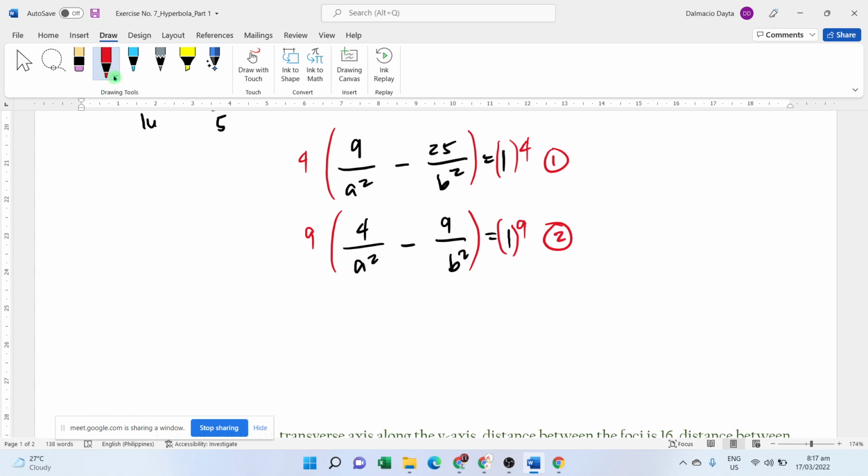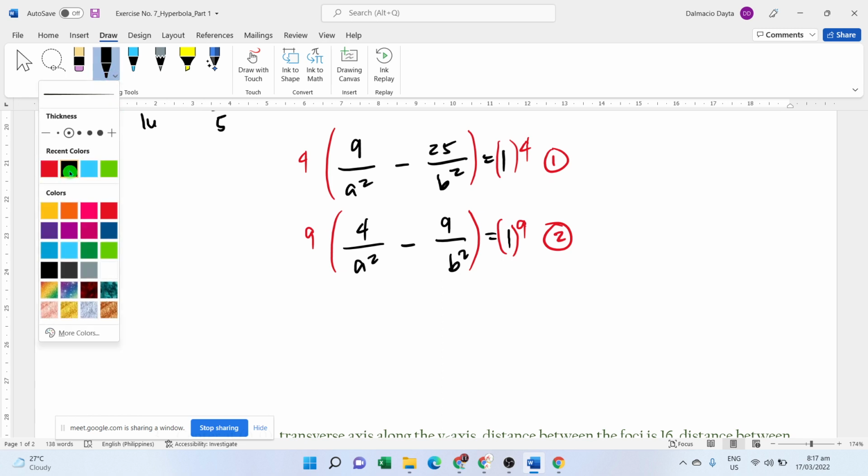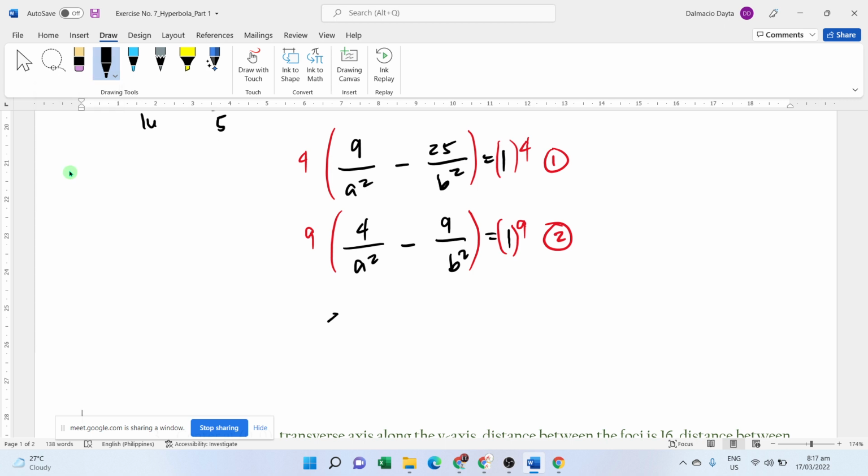For equation 1, we have 36 over a squared minus 100 over b squared is equal to 4. And then equation 2, we have 36 over a squared minus 81 over b squared is equal to 9.